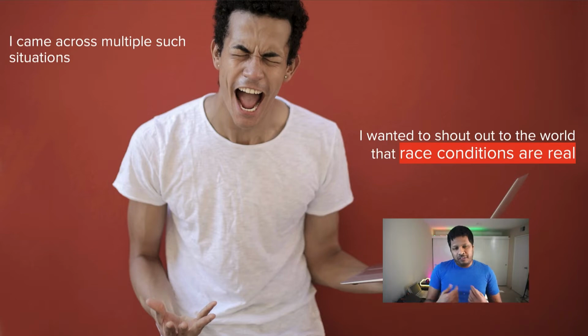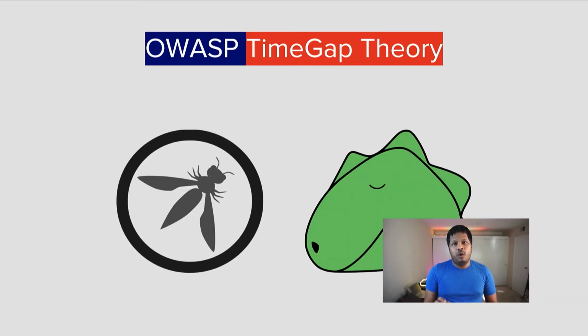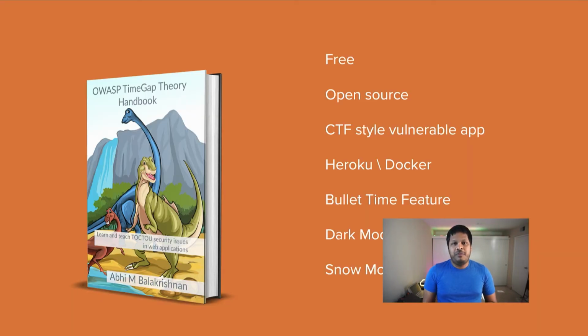Over the next few months, I came across multiple such occasions. I wanted to shout out to the world that TOCTOU issues are real. But how? I asked myself. That's why I built OWASP TimeGap Theory. OWASP TimeGap Theory is a free and open source CTF-style vulnerable app.